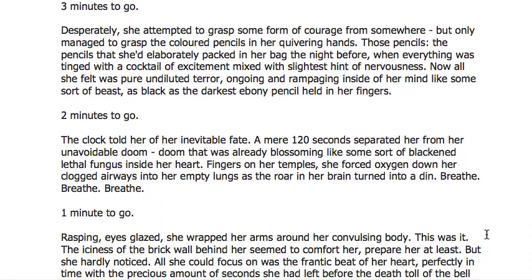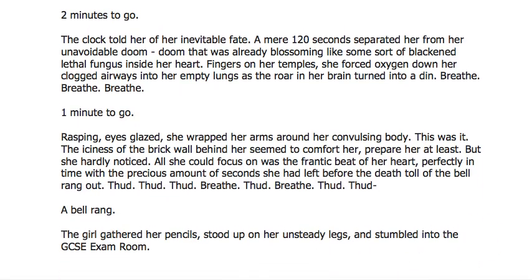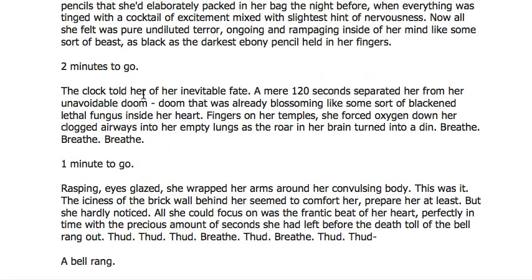Now, what do I think about it? I think it's very, very good. If anything, I would say that the single word sentence bit is perhaps slightly overdone.